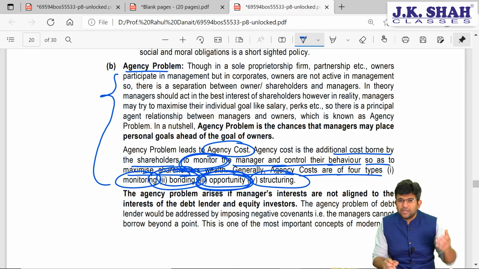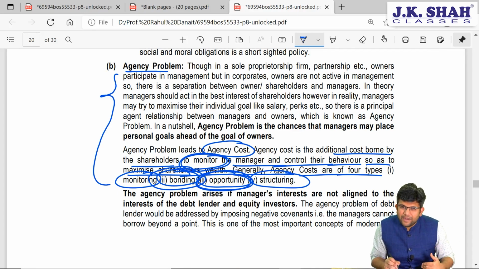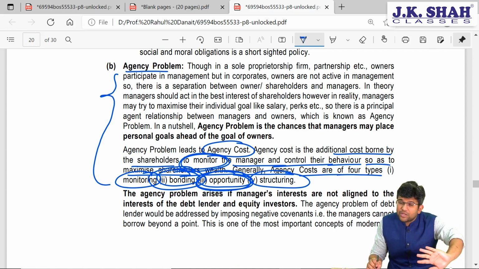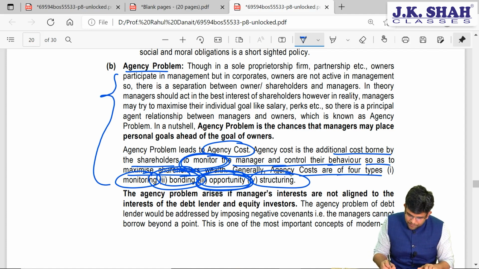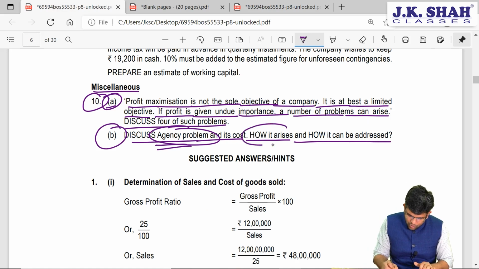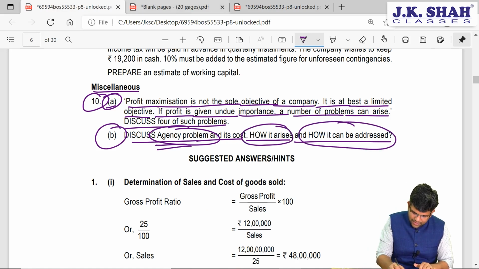Opportunity means the shareholders need to communicate very clearly to the managers regarding the future opportunities, both for the owners as well as managers, and not look at the opportunities from only managers' point of view separately. And therefore we will have to structure the whole thing in a way that these managers' interests are aligned with the shareholders.